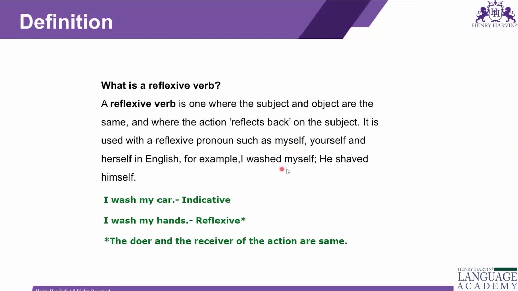For example, I washed myself, he shaved himself. These are your reflexive verbs, and they have a different conjugation that needs to be followed. We'll see that as well. Shall we move on?